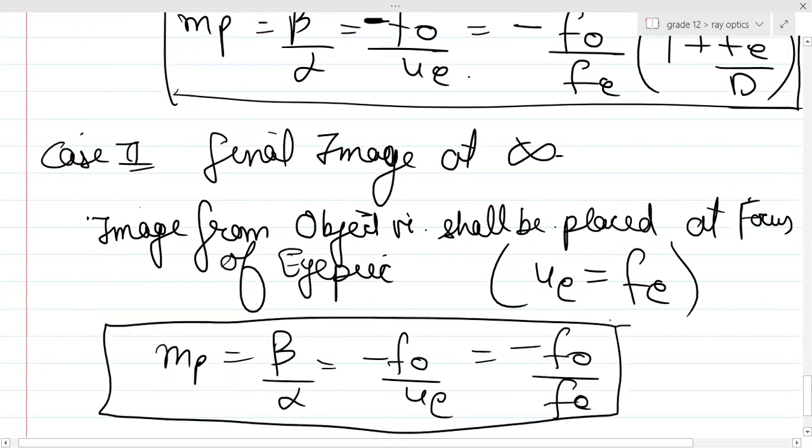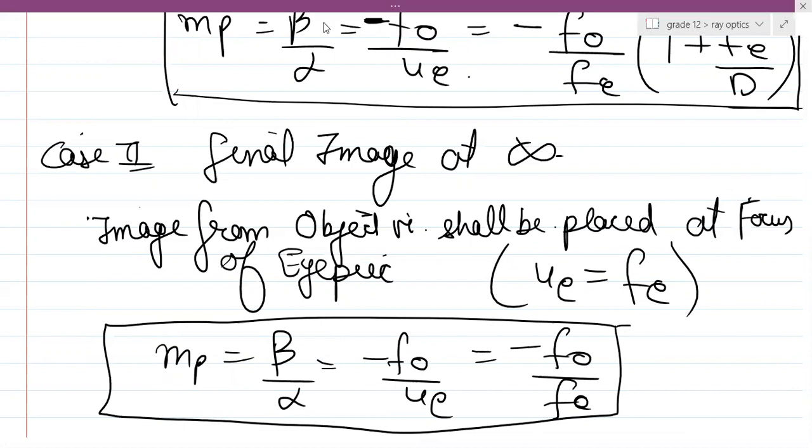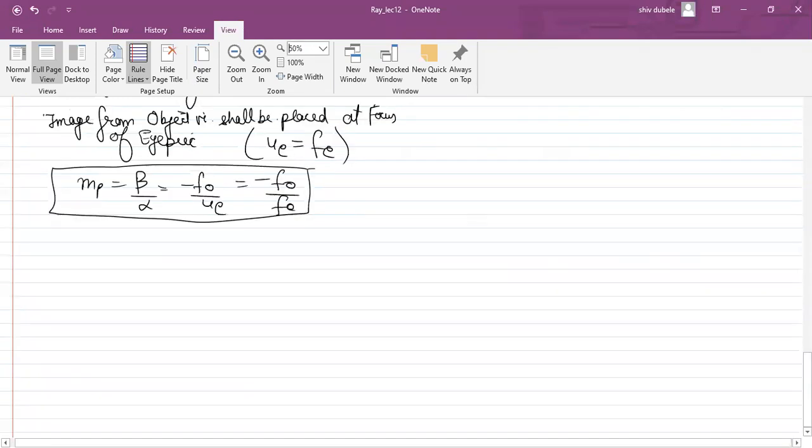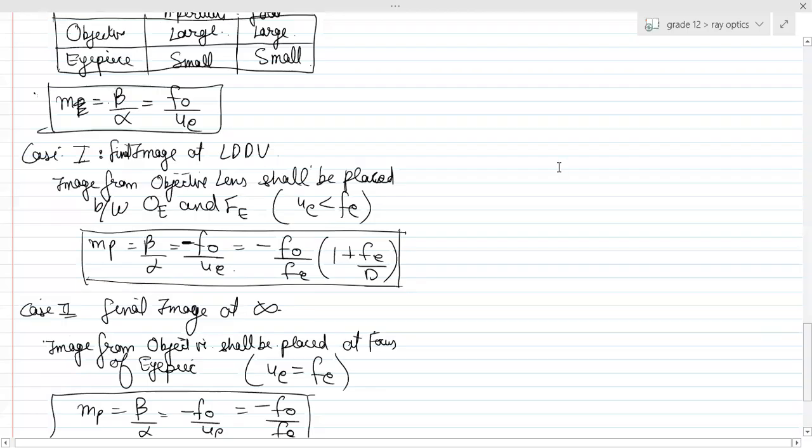Write it down. So that's it. Please write the whole thing. Let me just zoom it out for you people. And let me download something for refracting telescope. You don't have any numerical part for the reflecting telescope. I sent it to myself. I remember.